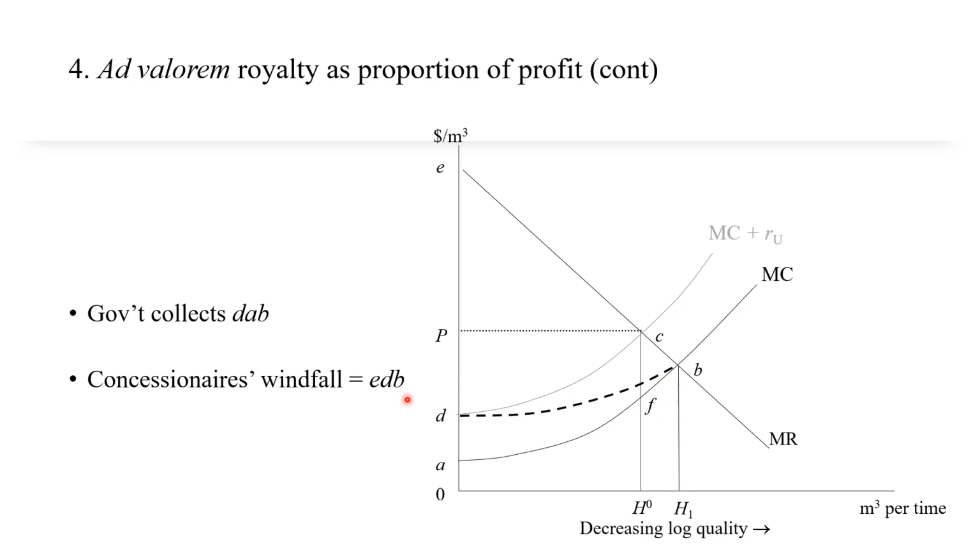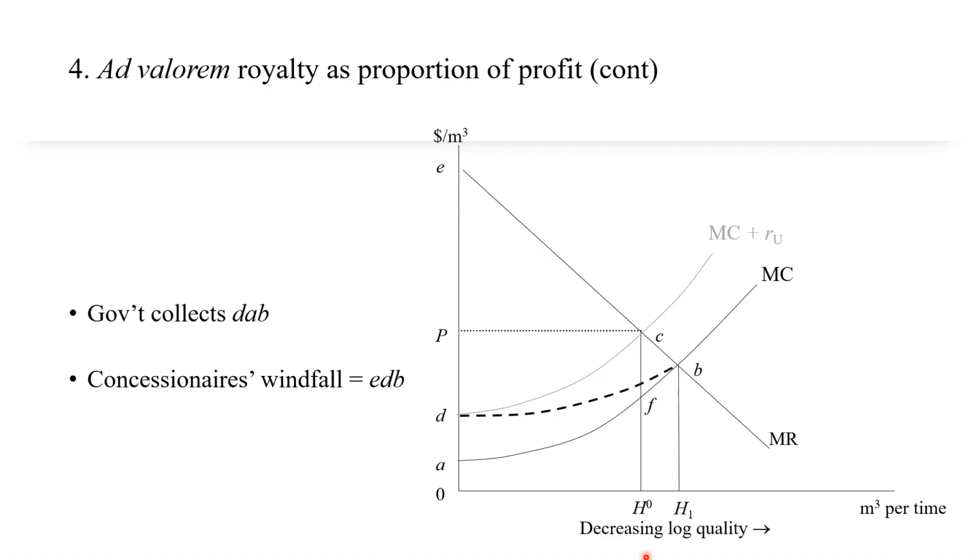So in this case, the government collects DAB, so again, a smaller amount than under the uniform royalty. Well, we don't actually know, it depends on this area versus this area here. The concessionaire's windfall is EDB, right? So this area here.